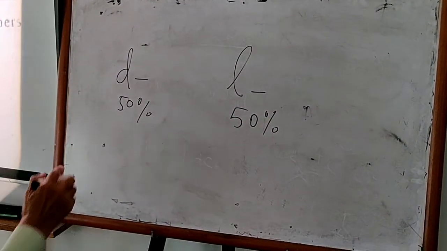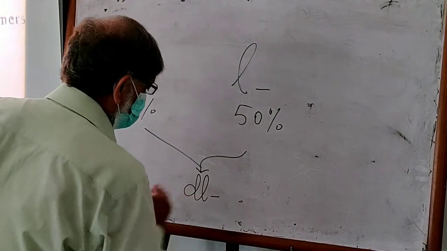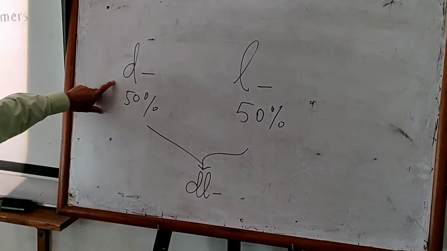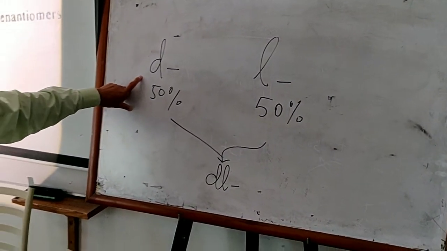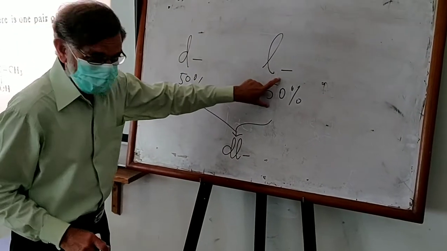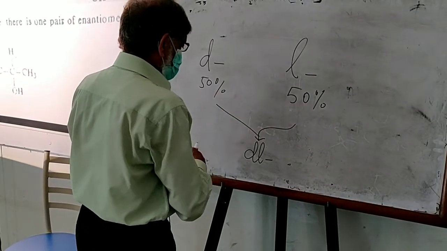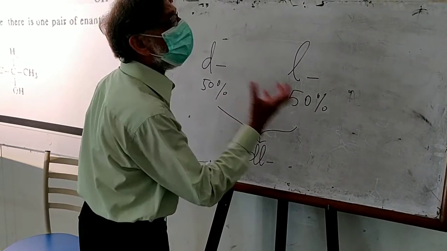Now when these two combine, it will be written in this way, DL. This is optically active, this is optically active, and when they combine, they form a DL mixture.